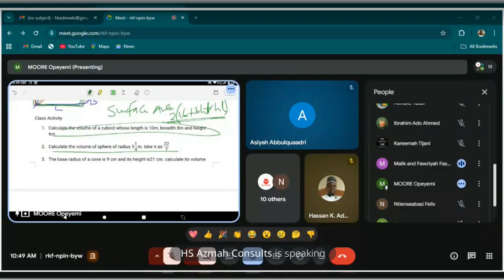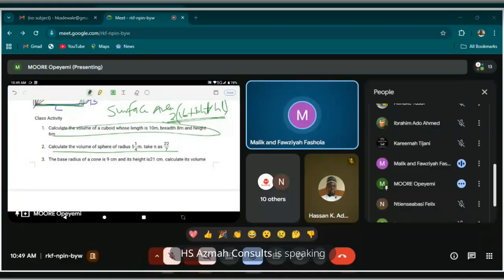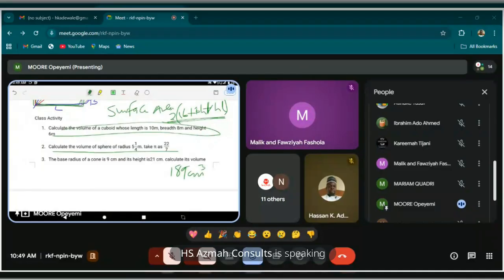One hundred and 89 centimeter cube. Okay, someone has given us the answer to that.